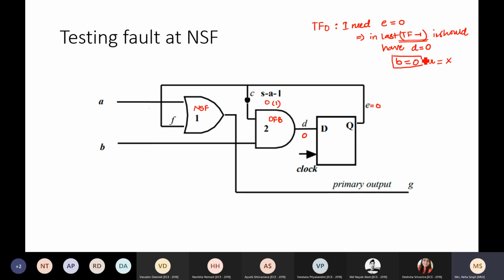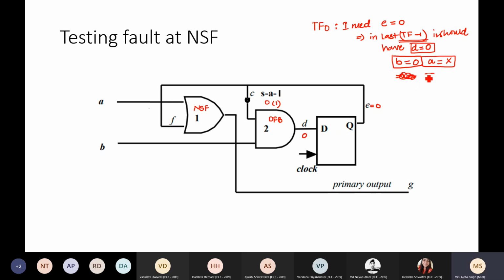So in TF minus 1, if I put A as X, B as 0, I am able to get this value of D equal to 0. Right? So TF minus 1 में I gave the input as X0 so that I ensured D equal to 0.